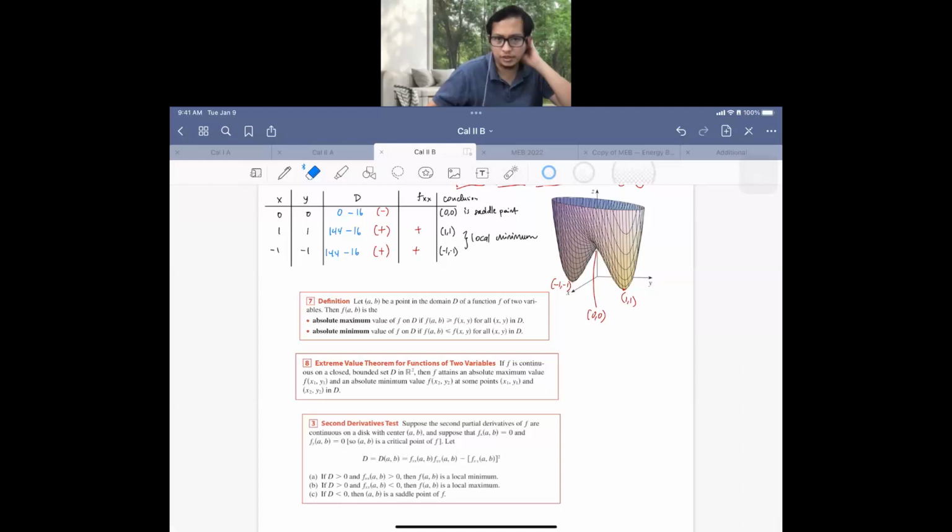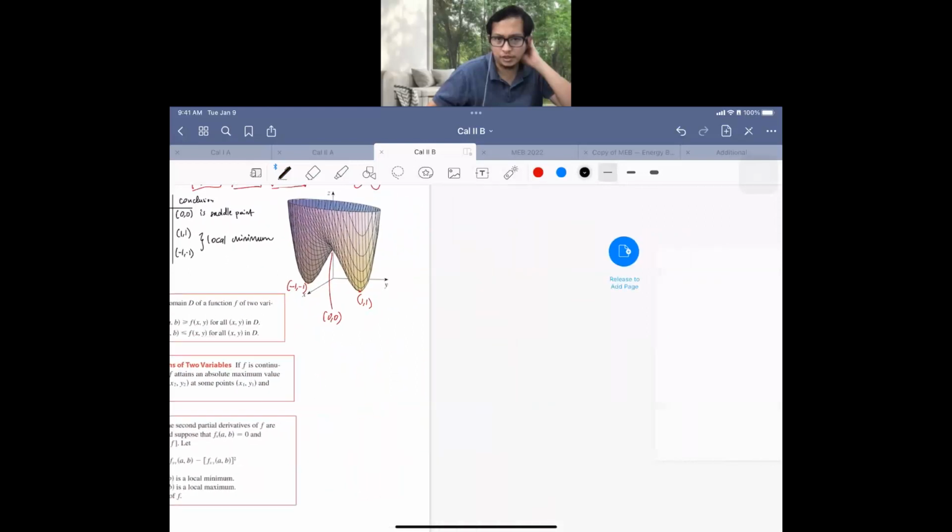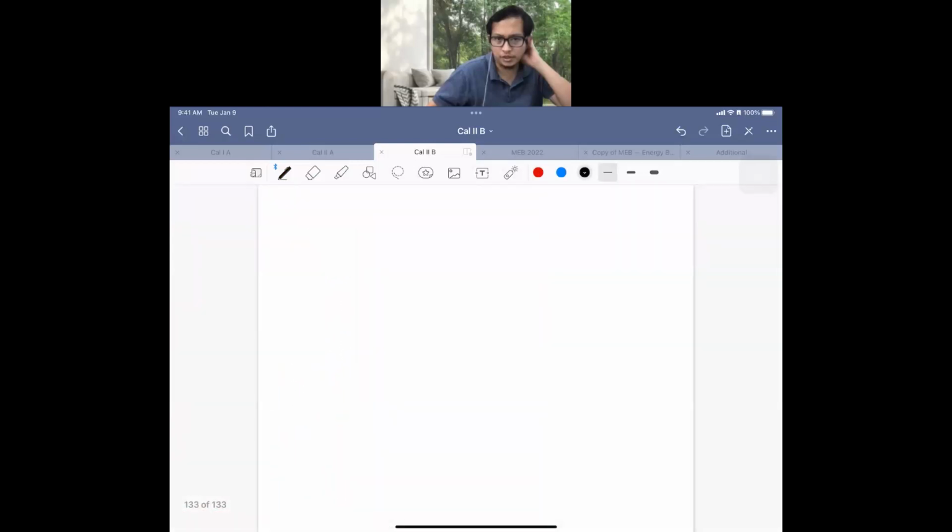Here you can have one more example, and then I will have a feedback for today. So let me give you one example. The same questions: find local max, min if it has, and saddle points if it has saddle points.